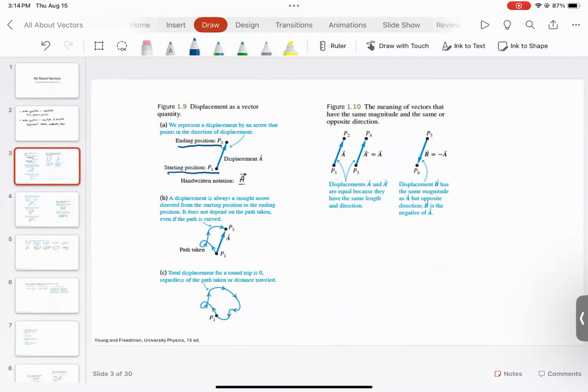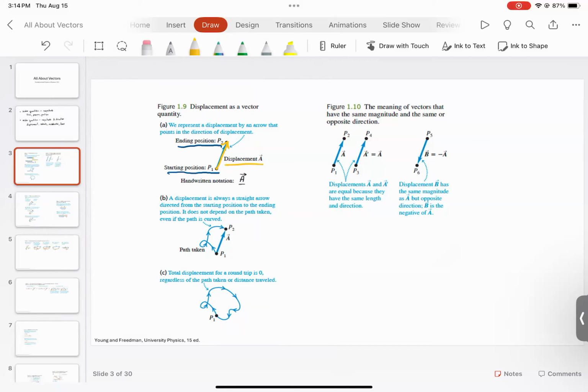And then to describe yung position na yan, we usually draw an arrow from the starting position towards the ending position. So ito yung arrow nito, itong blue na arrow. Okay. So from the starting position to the end position. Now this arrow represents the vector quantity, which is displacement.